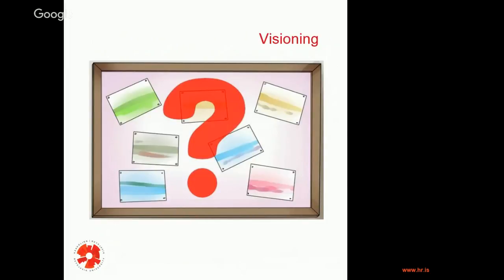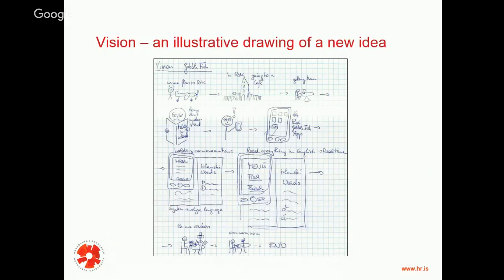Visioning. This is also a way to describe a new system. It's like an illustrative drawing of a new idea. This particular vision is an example from this course.